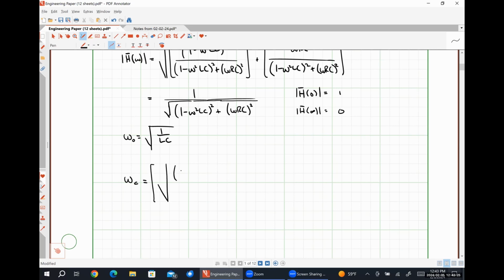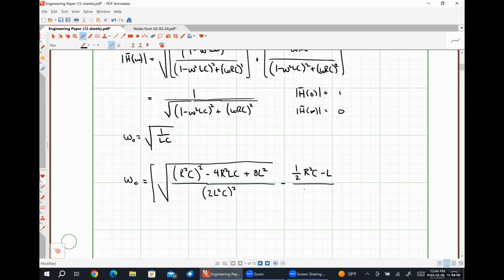So square root of R squared C quantity squared minus 4 R squared LC plus 8L squared, all divided by 2 L squared C quantity squared, minus 1/2 R squared C minus L divided by L squared C. And then we wind up taking the square root of that whole big ugly thing.